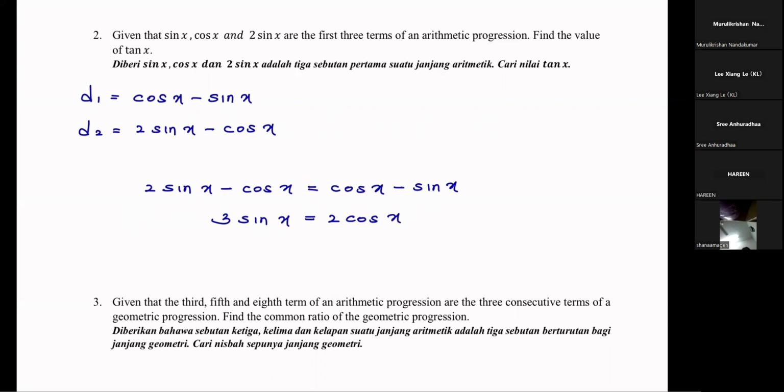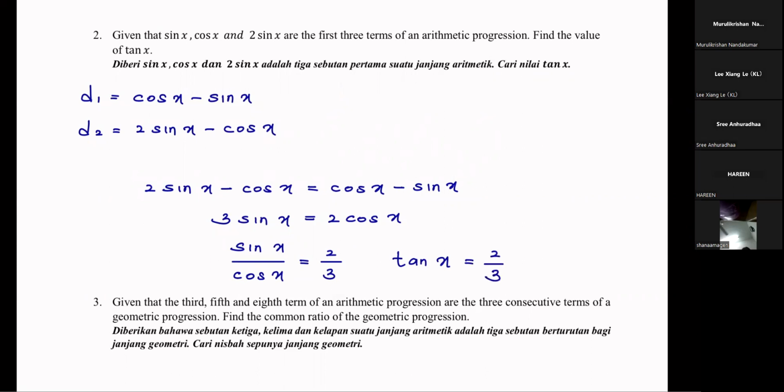Guys, what is tangent? Sine over cos. So bawa ini sine sebelah sini. Dan 3 pindah sebelah sana. And sine over cos is going to be tangent. Okay, done.